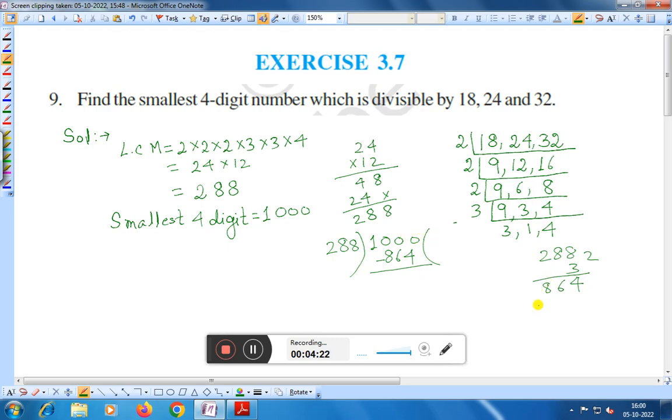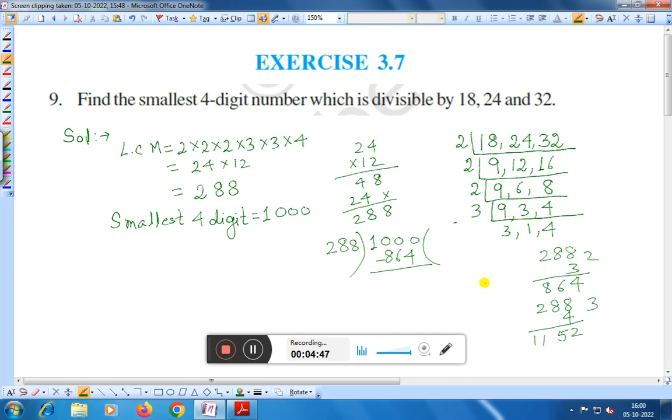We will find the next number, that is 288 into 4. What are we getting? 4 8s are 32, 3 carry 2, 4 8s are 32 plus 3 is 35, 5 carry 3, 4 2s are 8 plus 3 is 11, so 1152, right? The next number, 288 into 4, is 1152.